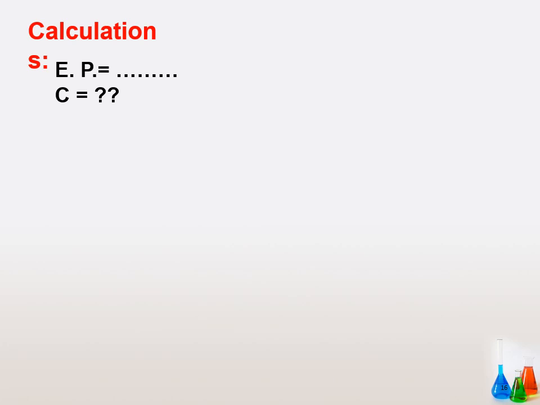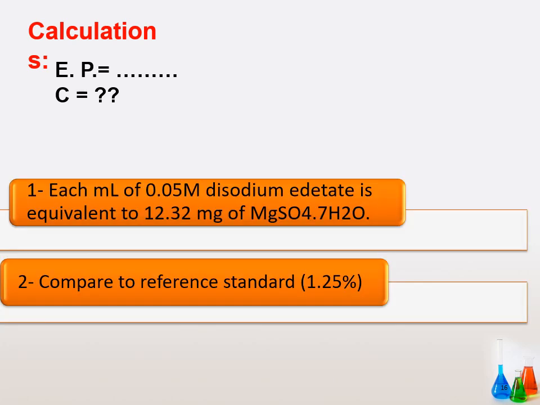We got the endpoint, so we want to calculate the concentration. The pharmacopoeia states that each ml of 0.05 molar of disodium edetate is equivalent to 12.32 milligram of magnesium sulfate heptahydrate. This means the pharmacopoeia gives us the equivalence, which is equal to 12.32 milligram per ml.